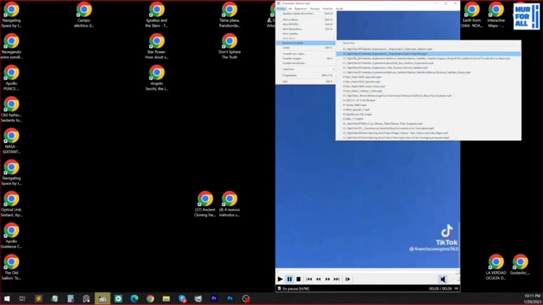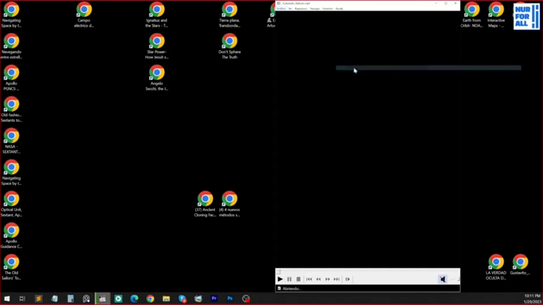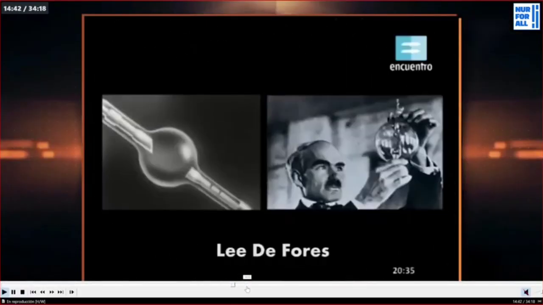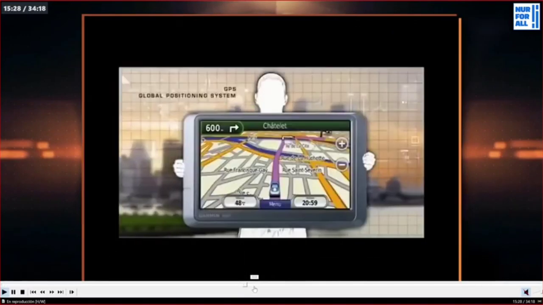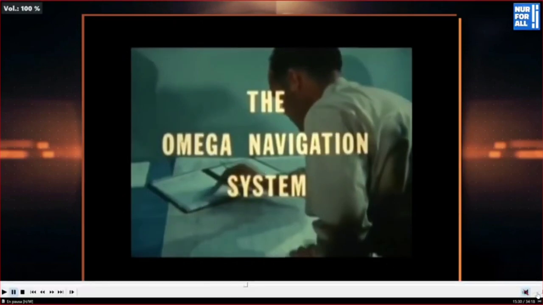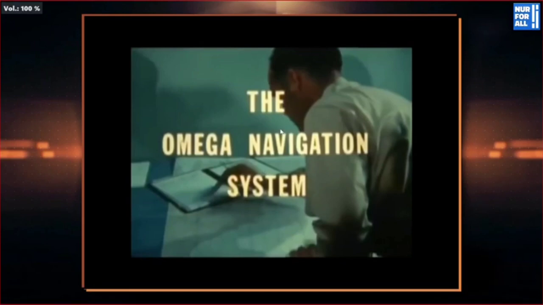Remember that, for example, in the old times, with just 8 antennas around the world, they covered the complete world. And this was the Omega navigation system, which was the next one after Loran.